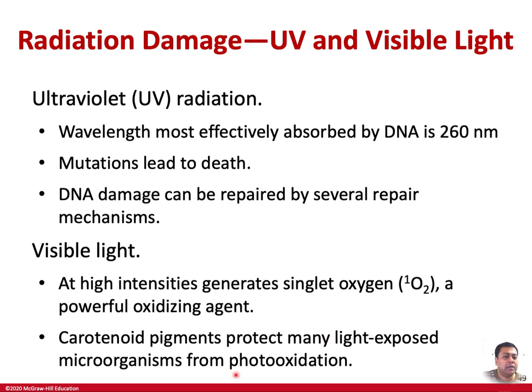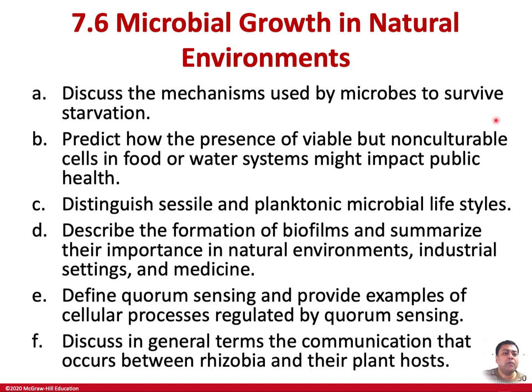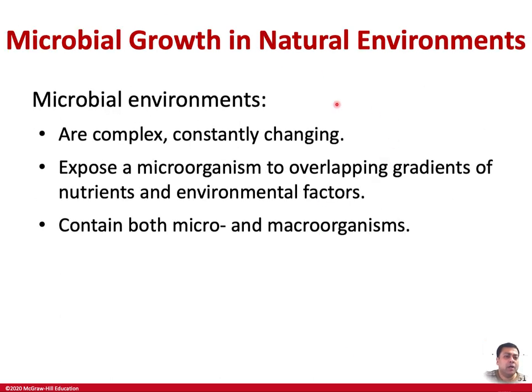That is your carotenoids. So now we are looking at how microbes grow in the natural environment. The microbial environment is complex, constantly changing, and exposes a microorganism to overlapping gradients of nutrients and environmental factors. And these contain both micro and macroorganisms.